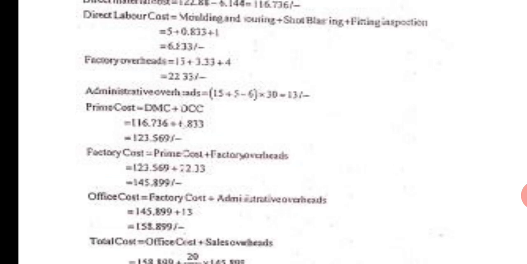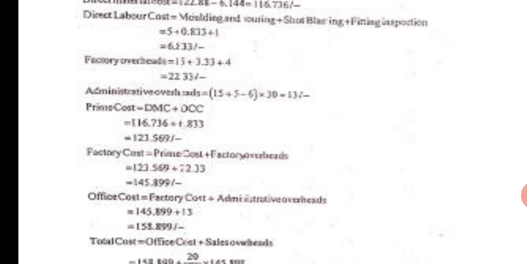So when I divide by 60, I get it in hours, into 30 rupees. The administrative overheads is given as 30 rupees per hour. So 15 plus 5 is 20 plus 6 is 26, divided by 60 into 30. So this becomes 13 rupees per piece. This is the administrative overhead.